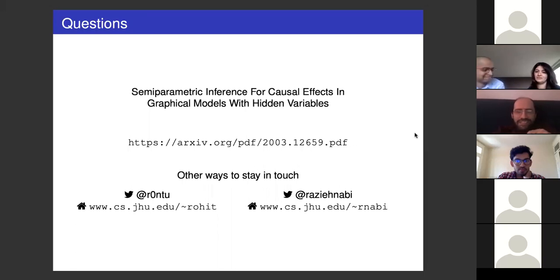I have a question. Do you have any idea in finite samples how much data is required for some amount of precision relative to the size of the graph? That's a good question. We currently don't have that.